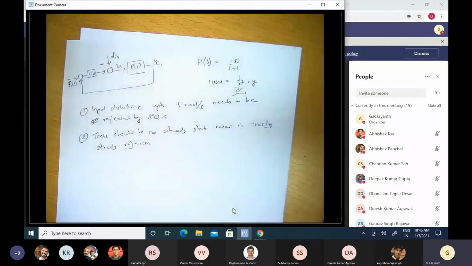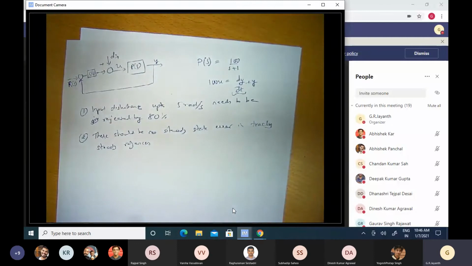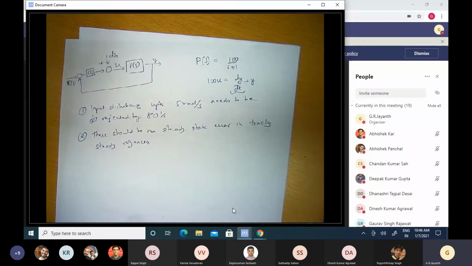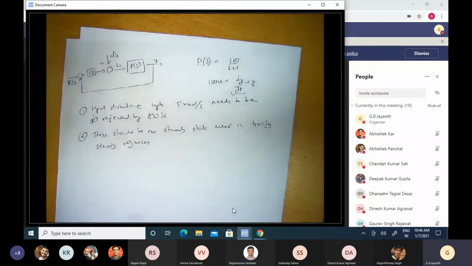This term here could capture the convective heat loss or some such thing. So you must have come across a model of this kind in your heat transfer courses. And this is the input power that you provide to your system.